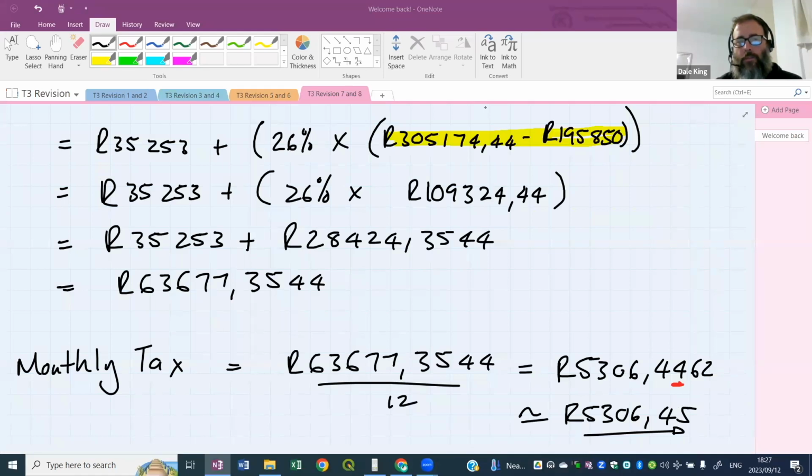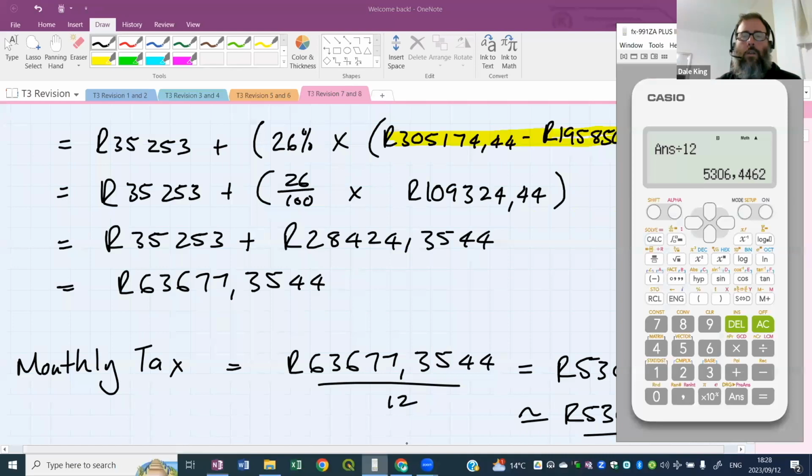Yeah. So I took 35,253, which is that basic amount that you're supposed to have, and then in brackets what I did, I took 26 and I put it over 100 because there was 26%. So I put it over 100 and I straight up multiplied it to the 305,174.44, the annual amount.